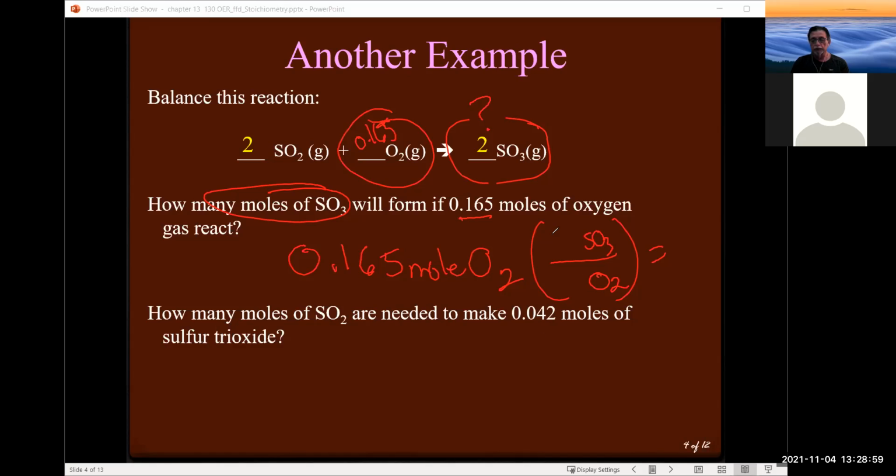So we have a 2-to-1 relationship. Check your units. Oxygens cancel. We will make twice the amount of sulfur trioxide, I should state. Let me clear my drawing.